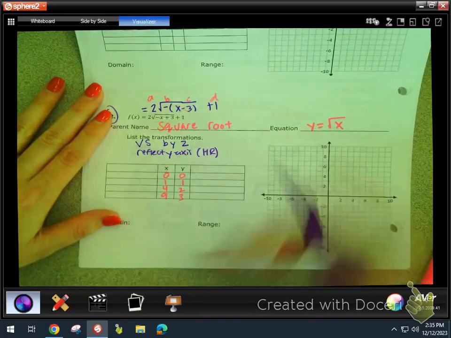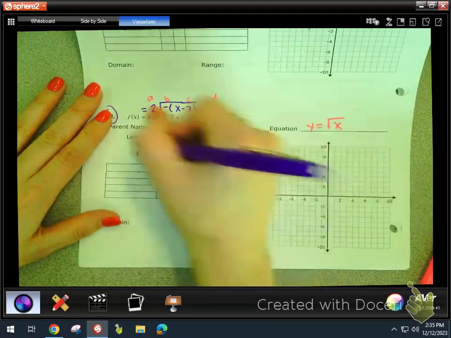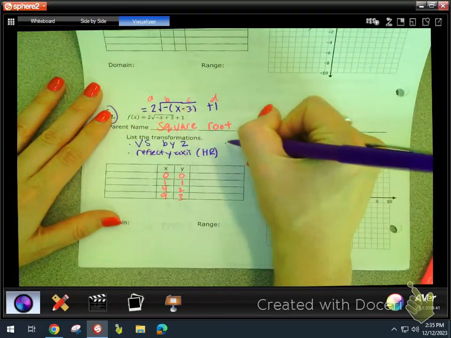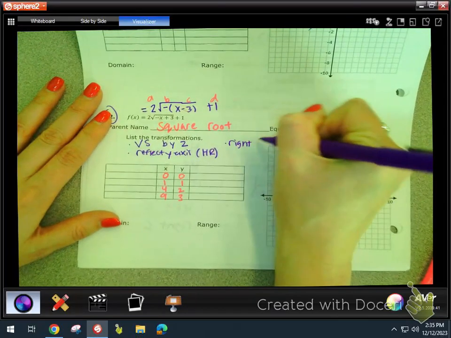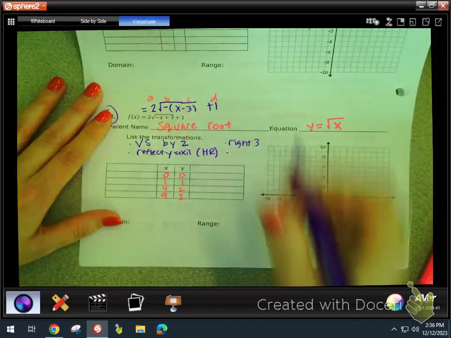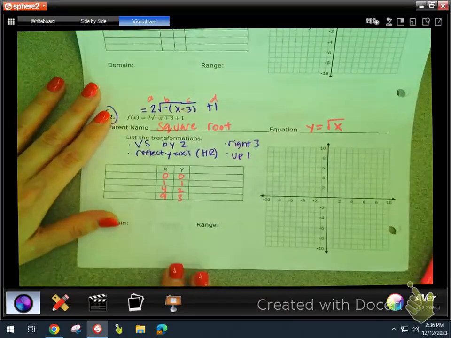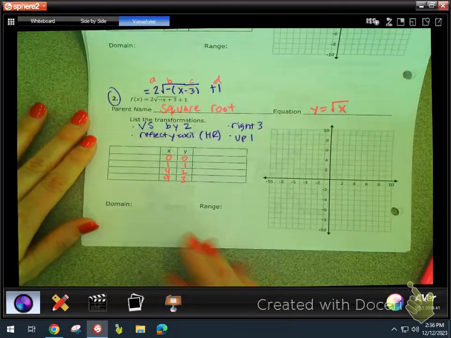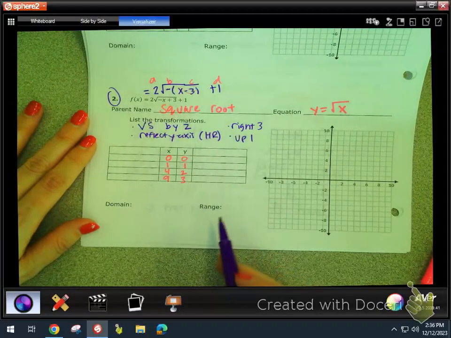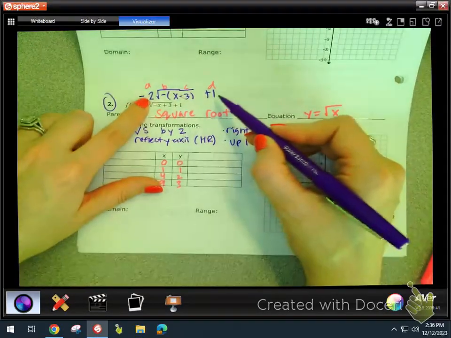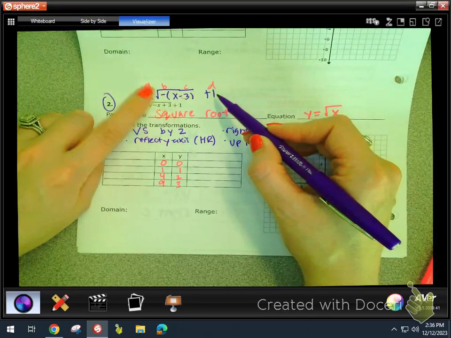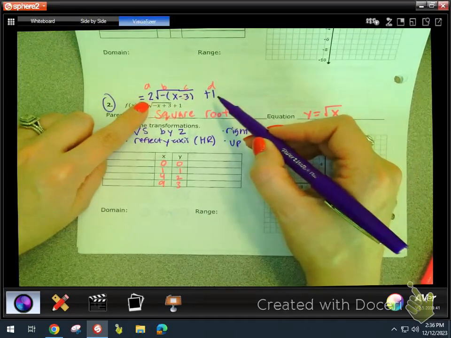-3 on the inside, that's a C. That's going to move our graph to the, how many? And then +1 on the outside is going to move us. And then I need a new table. I like to do my y's first because those are easy. So my y's are affected by the outside numbers and there's no change.